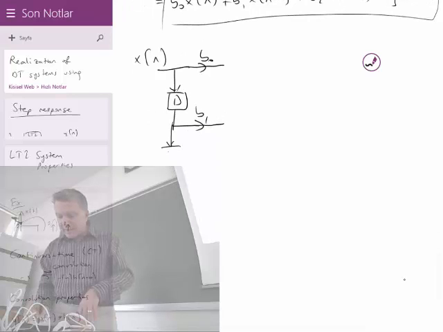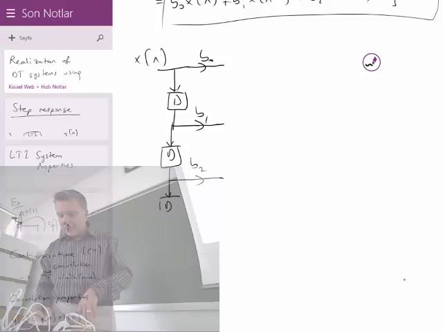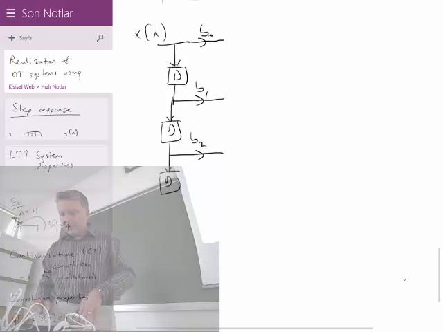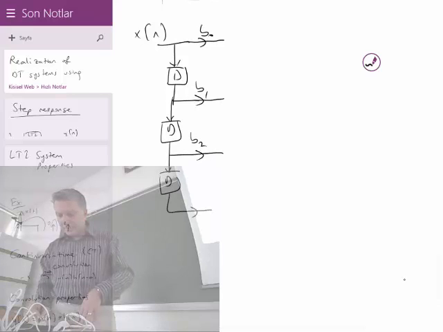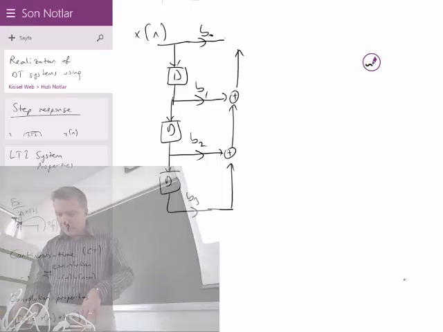Then delay it again to have x of n minus 2, which will be multiplied by b2. And then I will have x of n minus 3, one further delay, multiplied by b3. And they will be combined to produce an intermediate z of n.